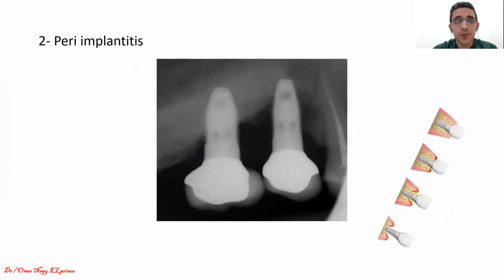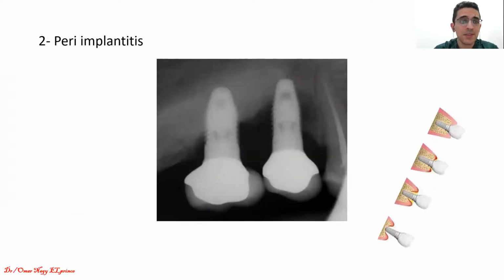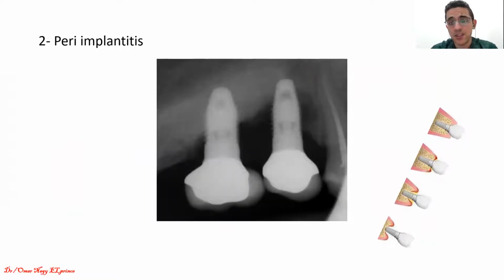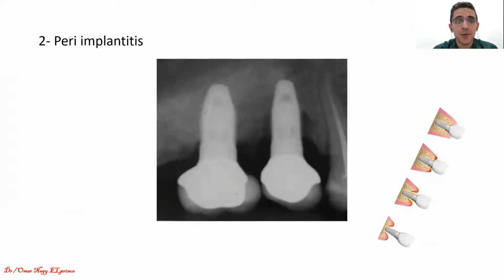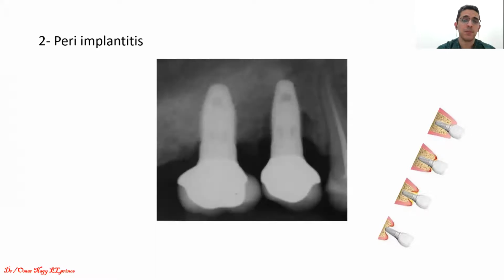طبعا another contributing and one of the big factors is periimplantitis. Periimplantitis ده مرض العصر. يعني because now we have lots of patients with implants. Before, we had patients with periodontitis and gingivitis. Now we have periimplantitis.